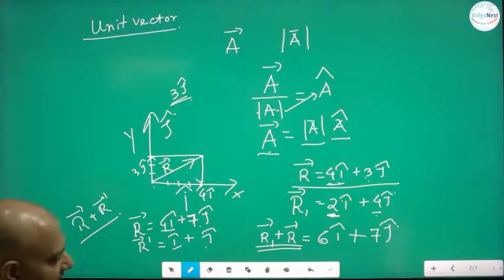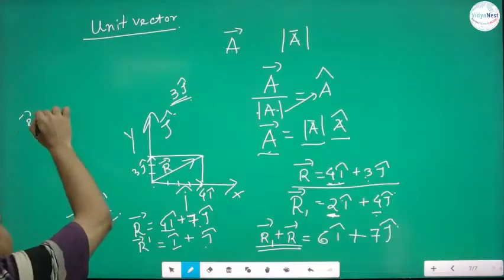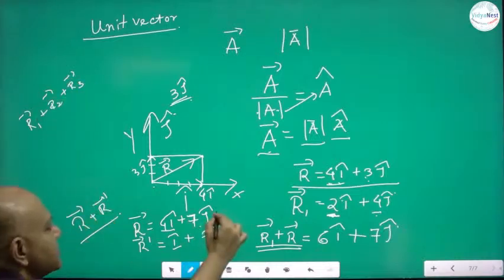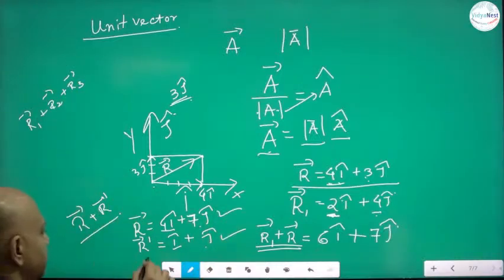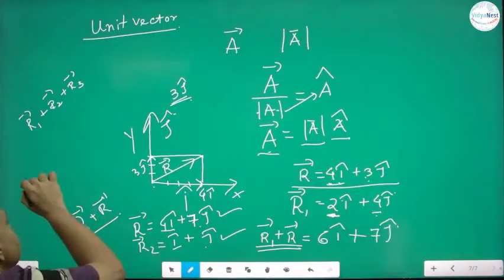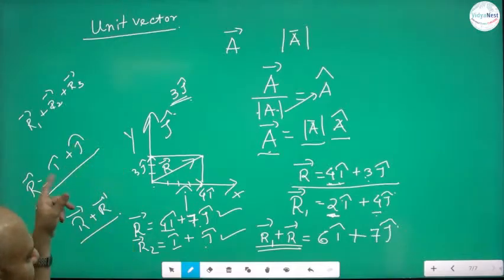Acha, if I have multiple vectors, suppose r1 plus r2 plus r3, r1 is this much, r2 is this much, and r3 is equal to i cap plus j cap. Can you tell me what is the addition, r1 plus r2 plus r3? Right, so understanding?